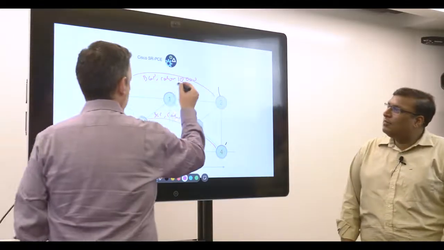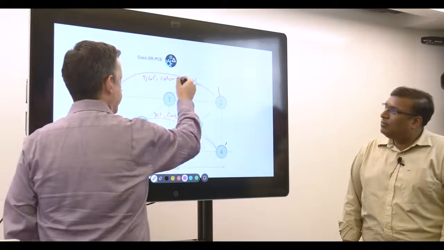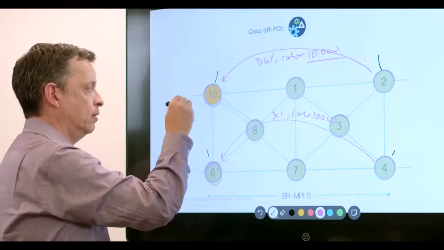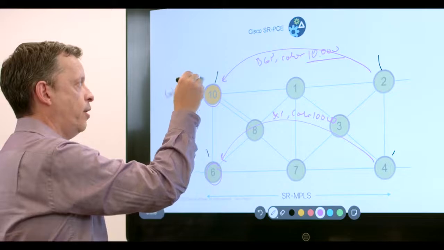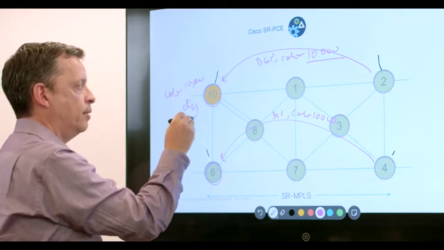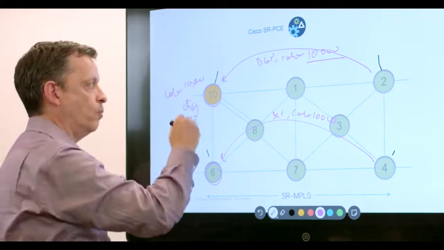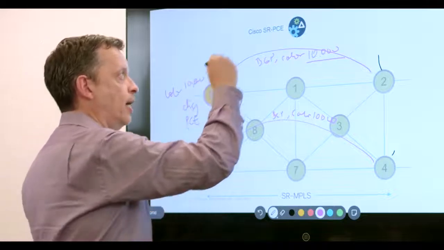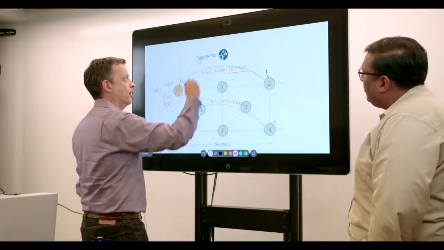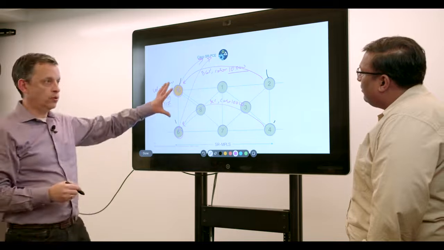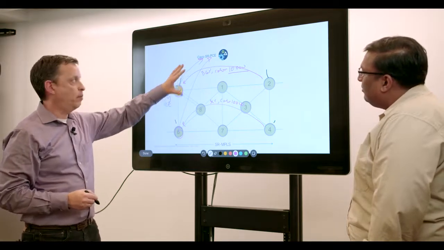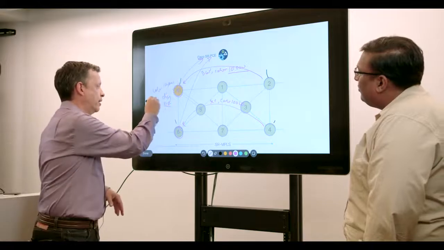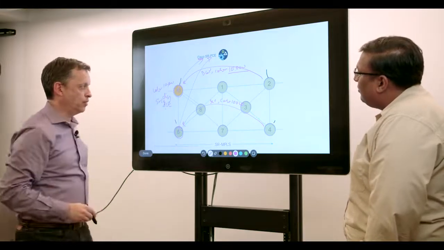So color 10,000 is an intent. The intent translates to disjointness. So color 10,000 equals disjointness, and then I need to have the PCE as the one that will compute. So these 2 routers will actually ask the PCE, can you please compute LSPs that are disjoint, by using SRLG disjointness as an example for the disjoint computation.